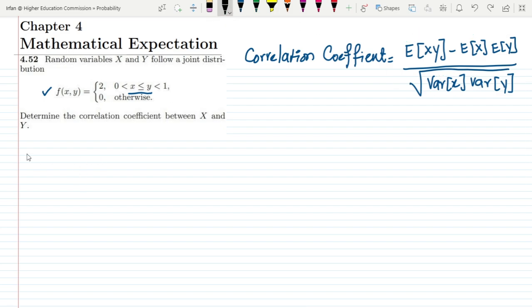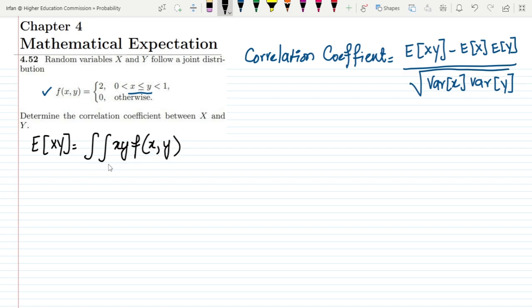Let me first find out the value of E of xy. In order to find it out, we have x and y here, so we have to take the double integral. As this is the expected value, we have to write the values of x and y, and with it I have to multiply xy.